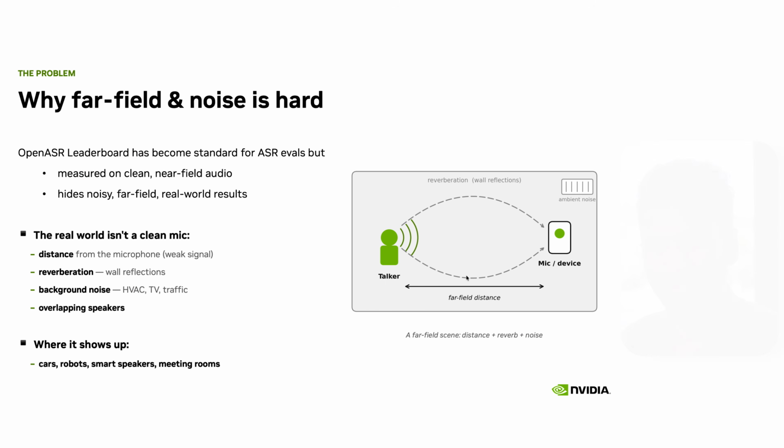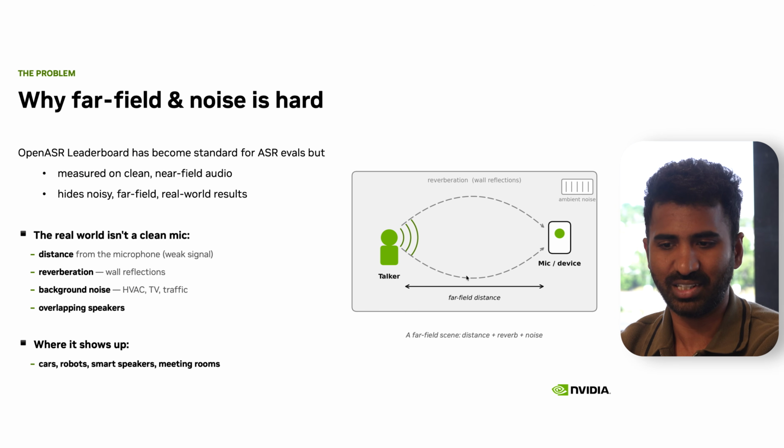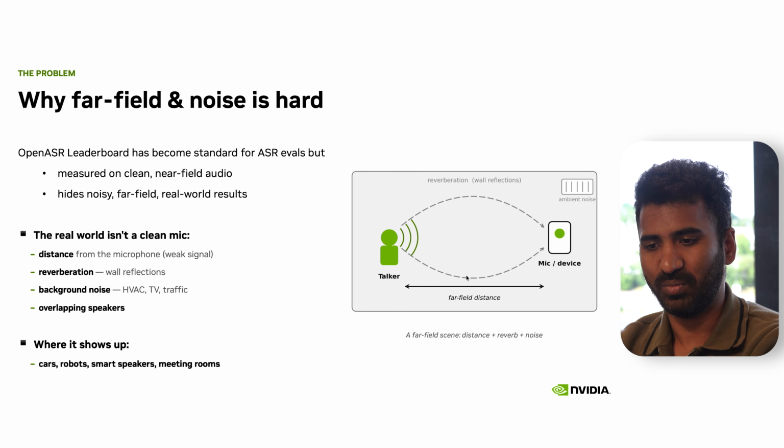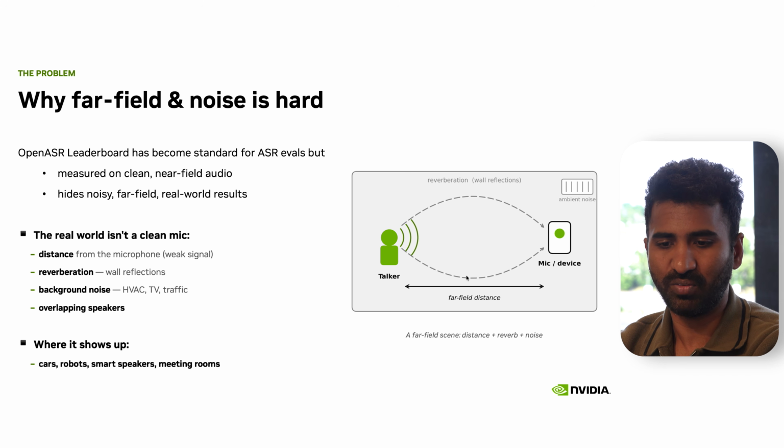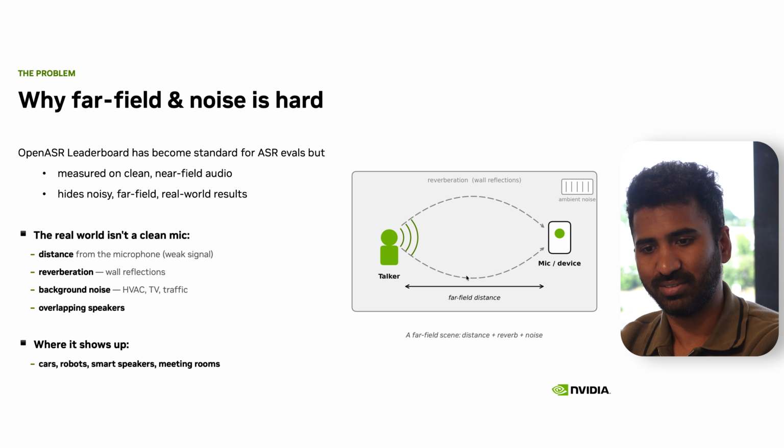Now, speaking of real-world use cases, it's really important because we want to talk about how these models handle actual noise, or far field noise, which is really useful for all the agentic work these days, maybe robotics, or your everyday use cases.